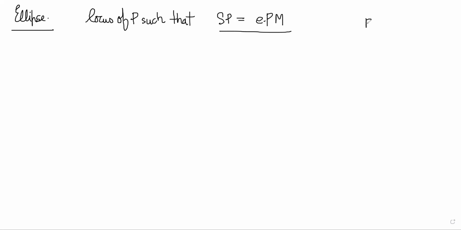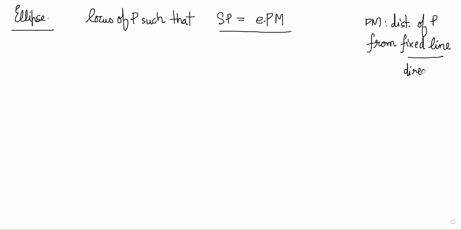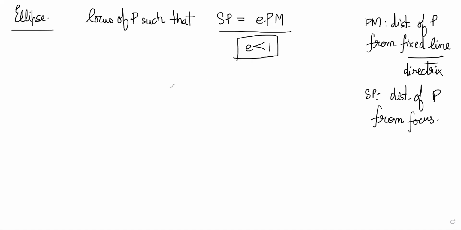PM is distance of P from the fixed line. The line is the directrix. SP is distance of P from the focus. Focus is S. And the ratio e is less than 1 for an ellipse. Correct?